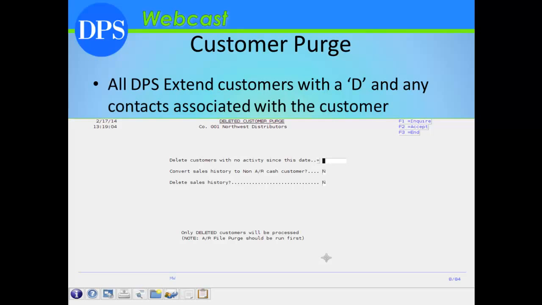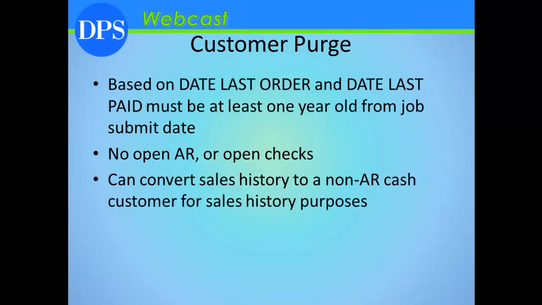Now, all DPS Extend customers with a D associated in their customer master will be eligible for customer purge. And this includes the contacts associated with the customers. So, based on the date last ordered and the date last paid, 1 year from the job submission date, those customers with a D are eligible for purge.